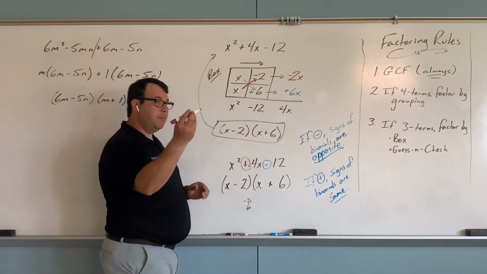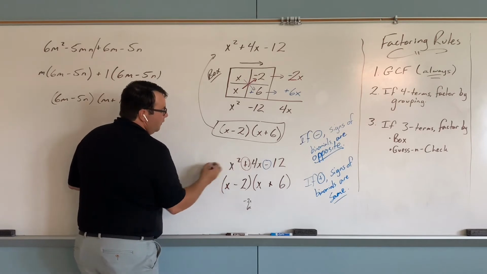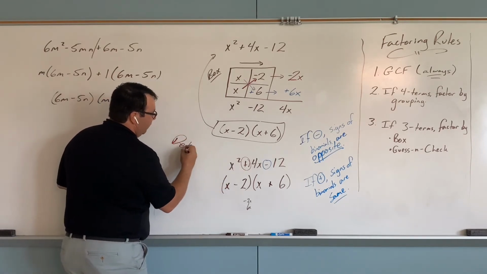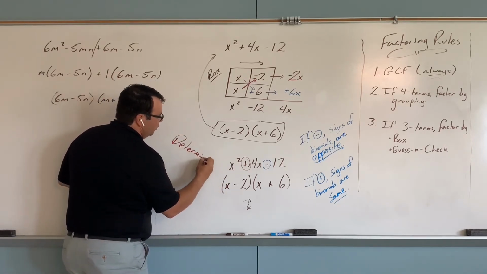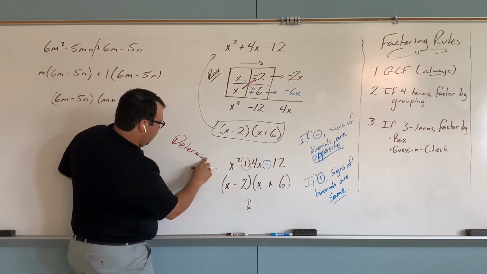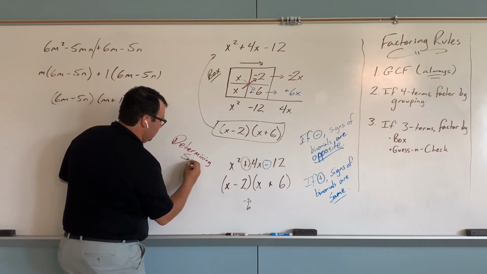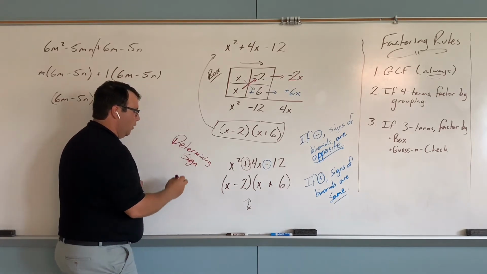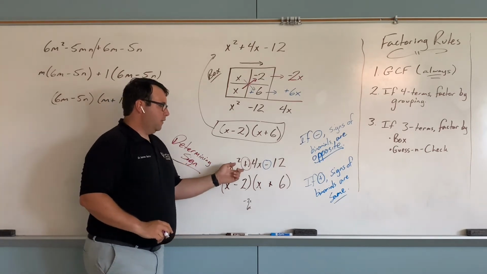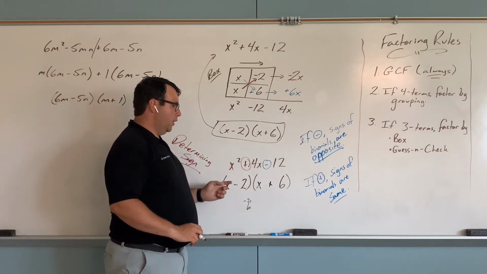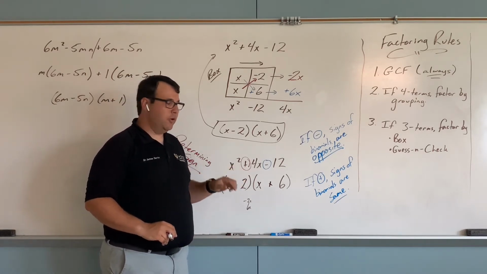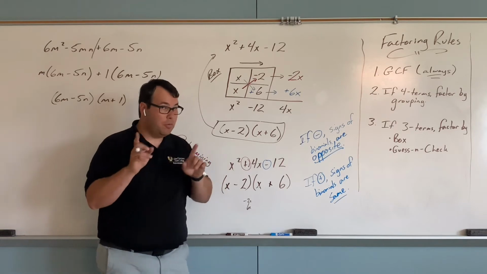I'm using my purple marker now. For this sign, this is what I like to call the determining sign. It's not an official name. Here's how it works. This sign is going to always go to the greater of the two terms through multiplication.